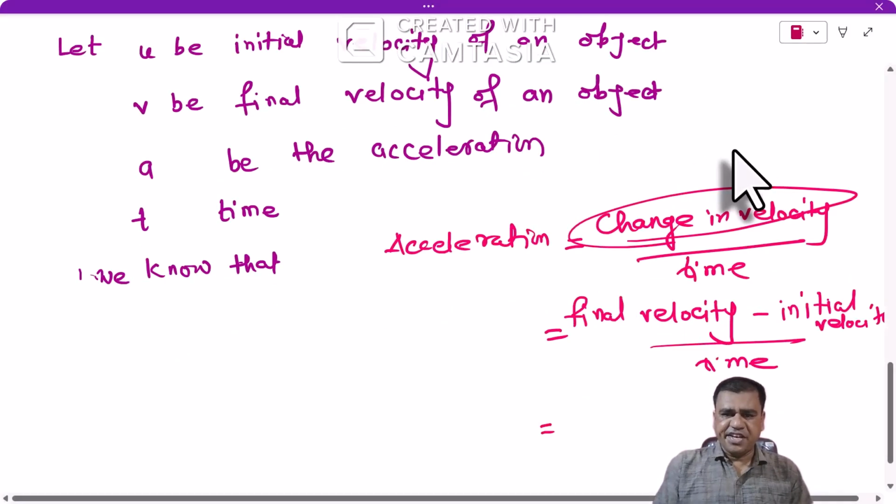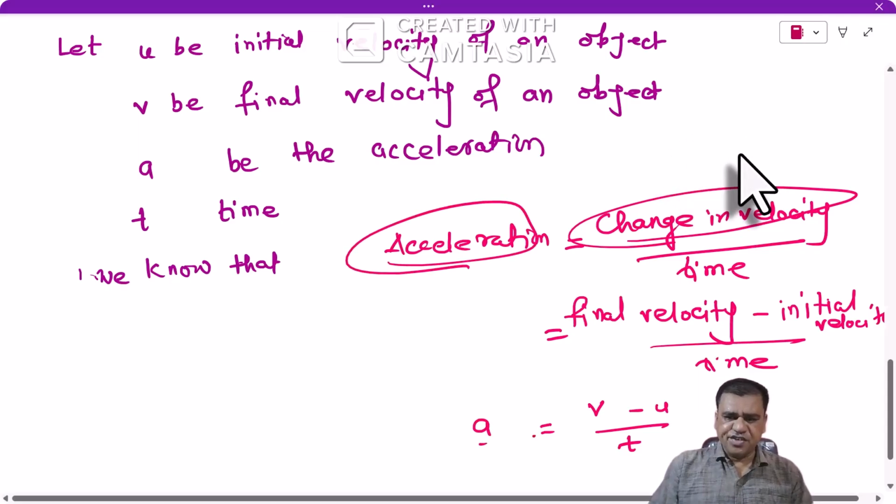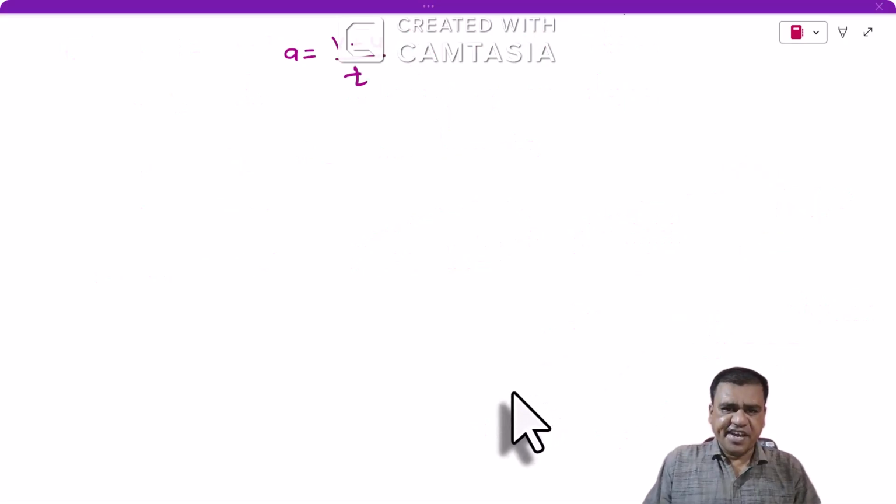Here final velocity is v and initial velocity is u, therefore v minus u by t, and acceleration is denoted by a. Therefore we get a is equals to v minus u divided by t.